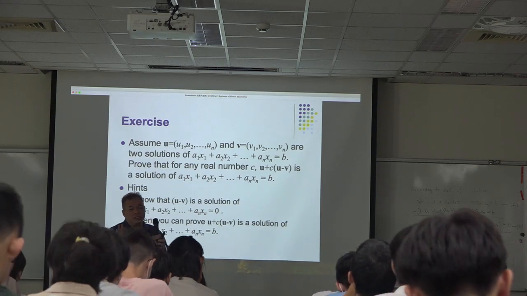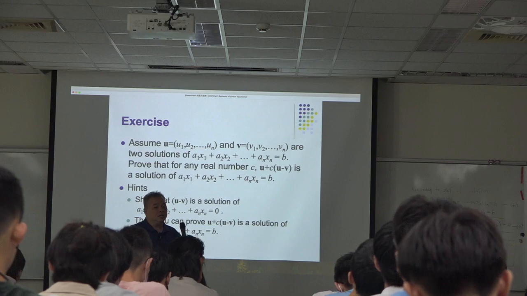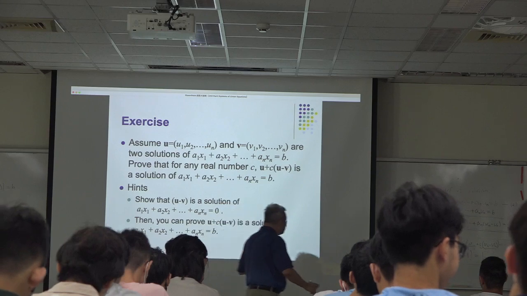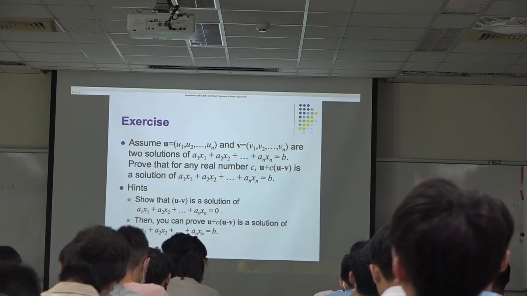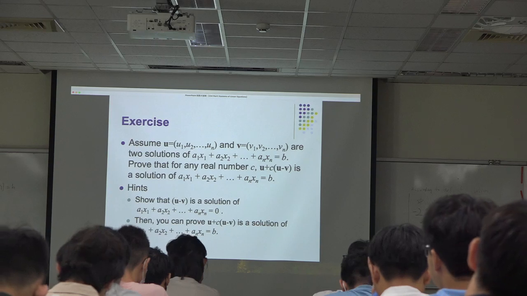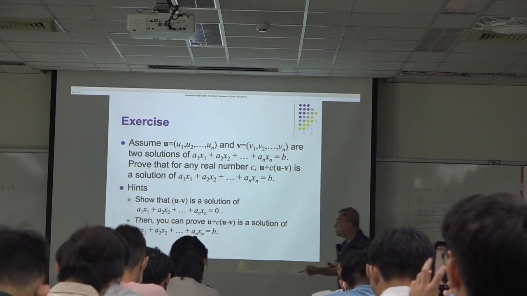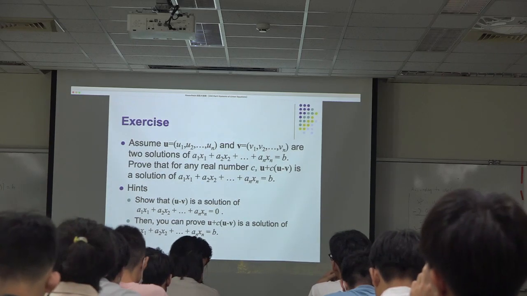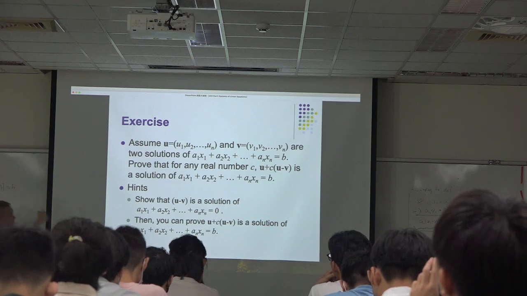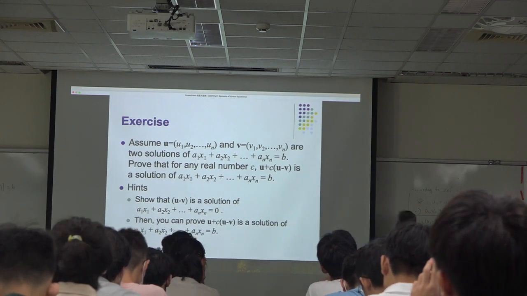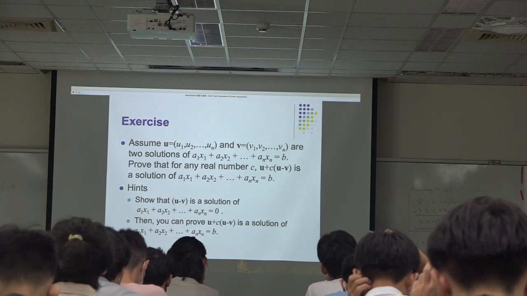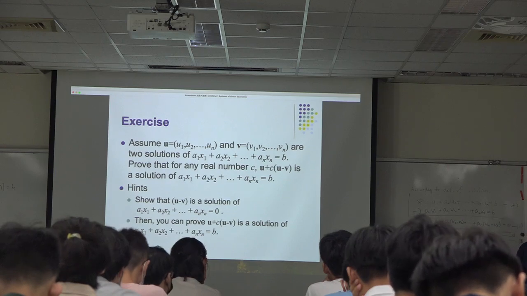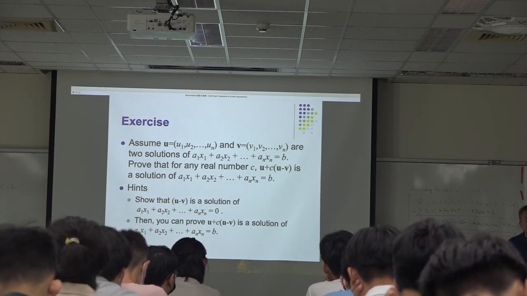Of course, because this is a proof, when you write it logically, when you come up with this part, you should go from this one backward to this one, and then this one backward to this one, and then you are done with the proof, according to the definition of the solution.